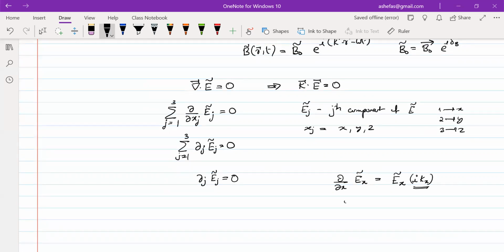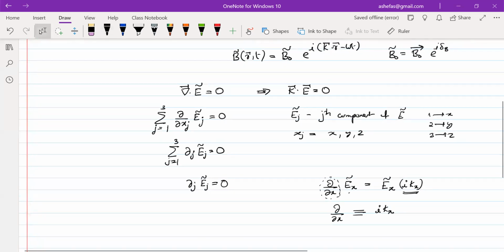So that means the operation of dou by dou x on the electric field is equivalent to the multiplication of the electric field by the quantity i kx. Okay, so that is one simple way you can understand it. This derivative is an operator, so the action of this mathematical operation on the electric field will leave i kx.